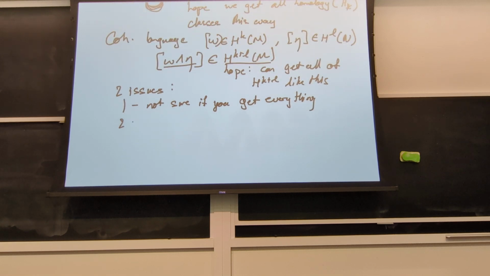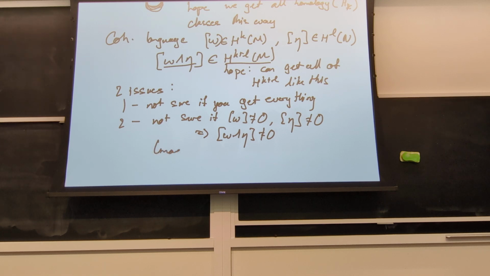And the second is you're not sure if omega non-zero and eta non-zero implies omega wedge eta non-zero, or more generally, linear independence.